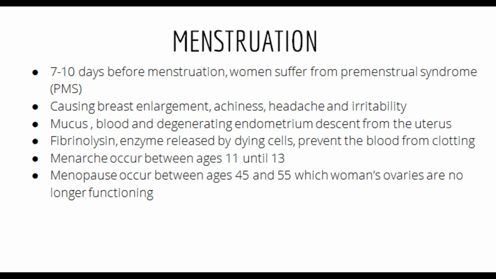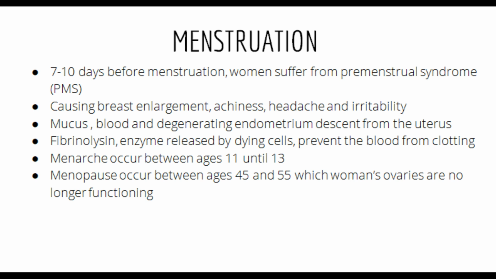And for menarche, it occurs between age 13 and 14. Menarche is actually the phase where the ovarian and uterine cycle has begun, meaning that this is the stage where women start to mature and menstruation will happen.